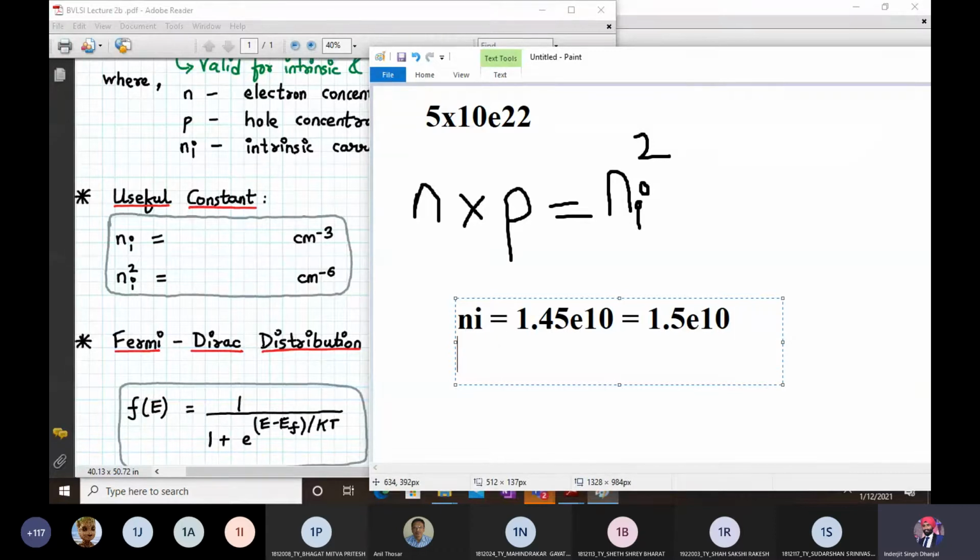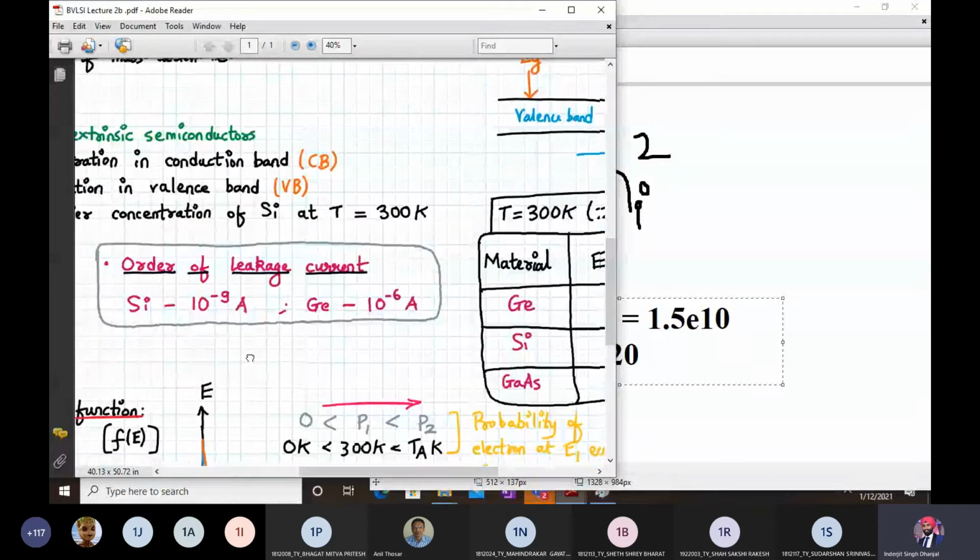And the value of ni square, that is ni into ni, is given by 2.1 into 10 to the power 20. Please write down these values. ni square is 2.1 into 10 to the power 20, and ni value is 1.45 into 10 to the power 10. I hope that you have written the numbers.